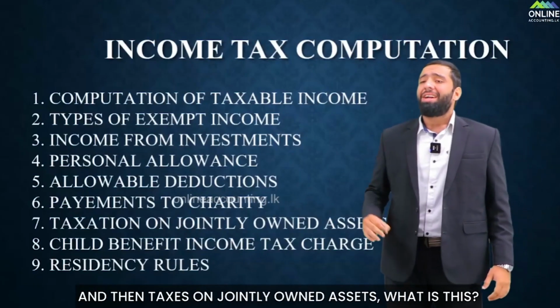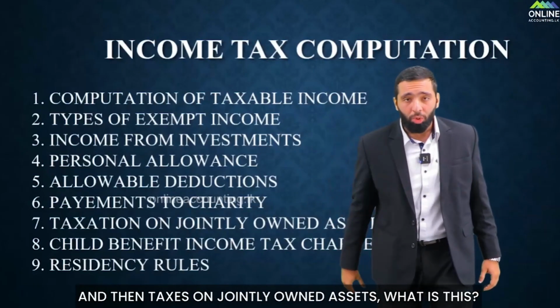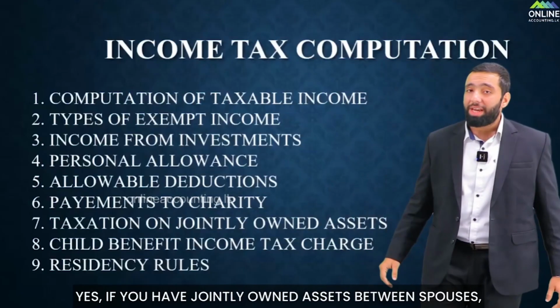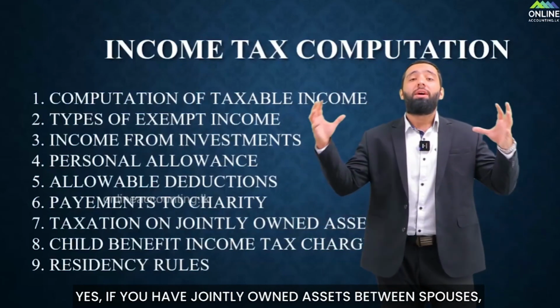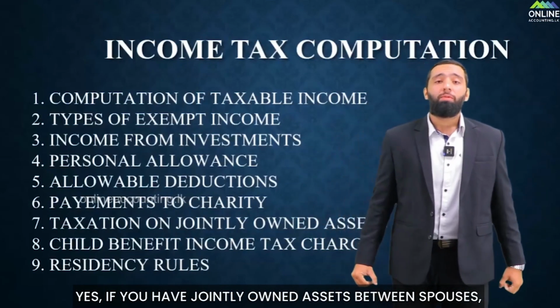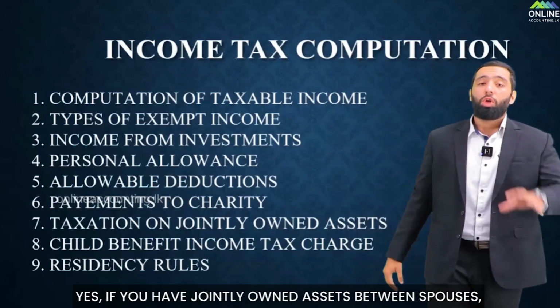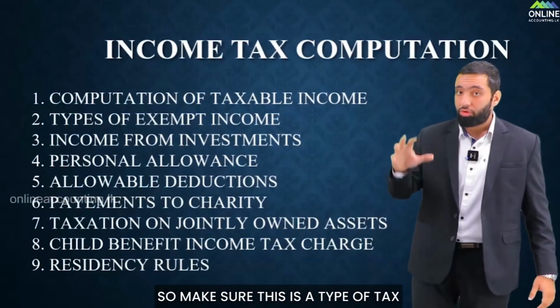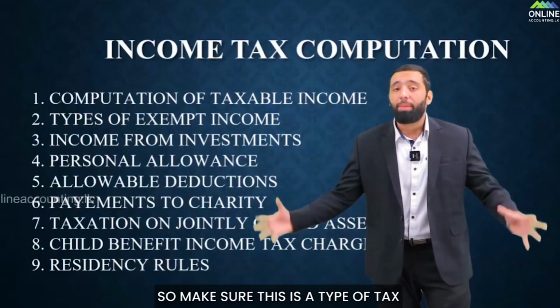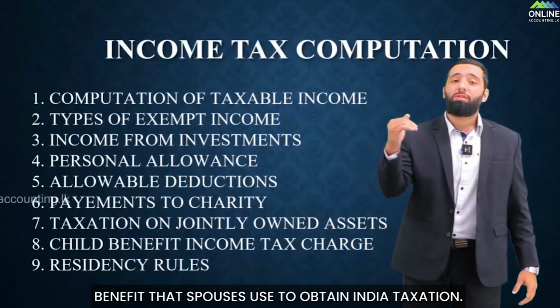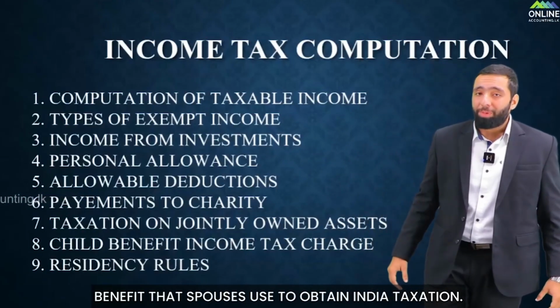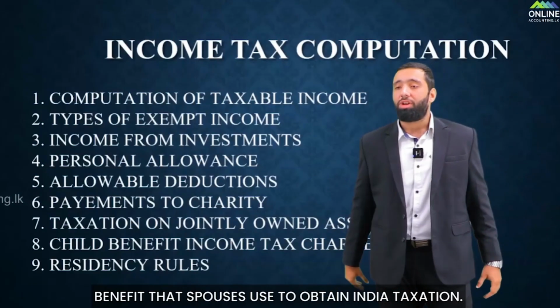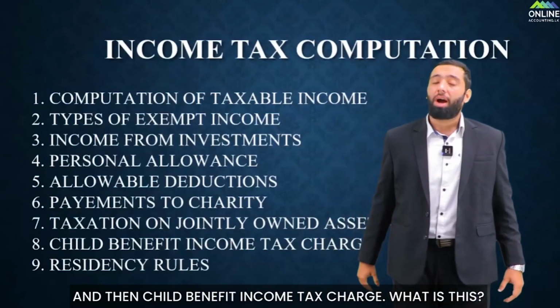And then taxes on jointly owned assets. What is this? Yes, if you have jointly owned assets between spouses, you need to pay taxes on a different basis. So make sure this is a type of tax benefit that spouses use in their taxation. And then child benefit income tax charge.